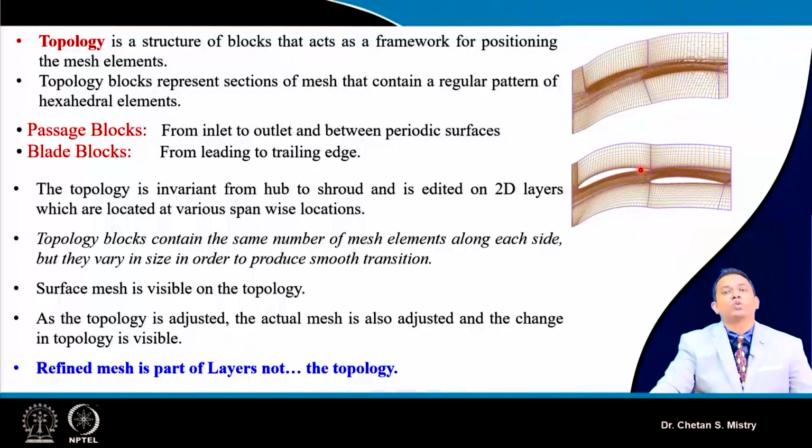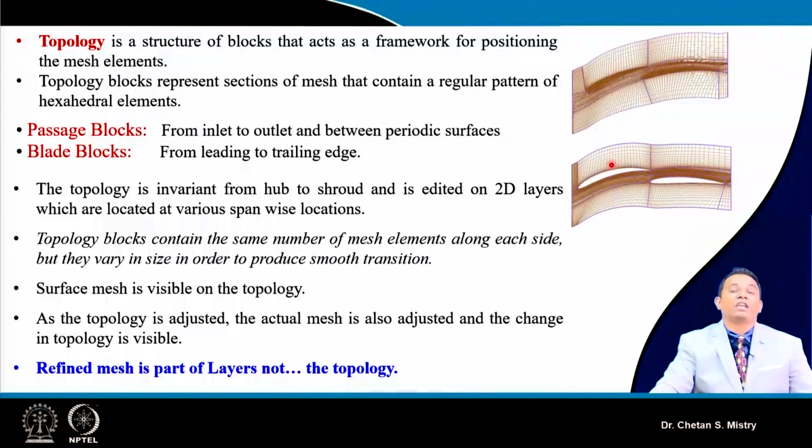Without blocking you can also do your meshing, but it is preferred for axial flow turbomachinery, be it an axial flow compressor, axial flow fan, or axial flow turbine, that we adopt this kind of configuration. There are some commercial packages in which these blocks are made ready-made.